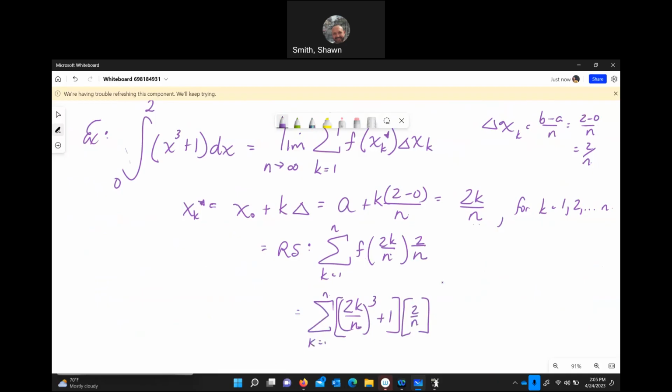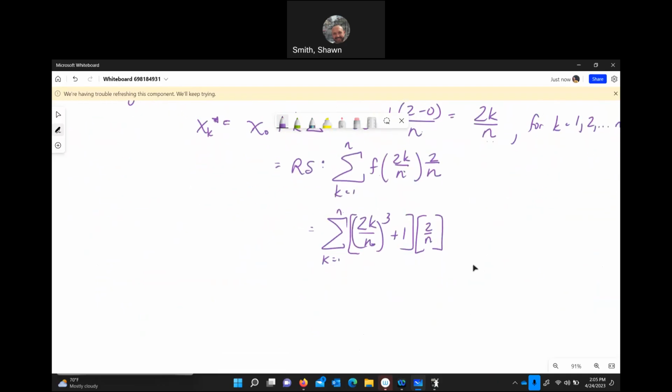Now you plug all that in the calculator. Actually, you can't put it in the calculator. We got two variables in there, right? So let's use some properties of summations. I distribute it across. This is 2 over n times the 2k over n cubed plus the 2 over n.